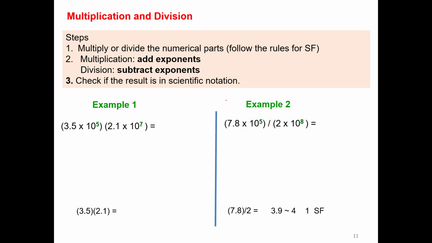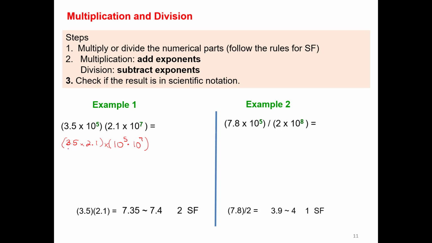Then 3.5 times 2.1 equals 7.35. We multiply the numbers, and the same we have to do with the power of 10.